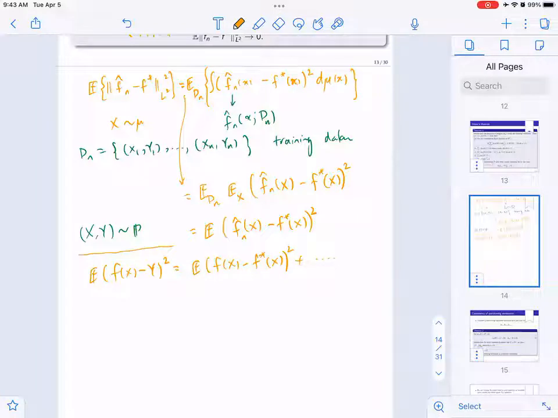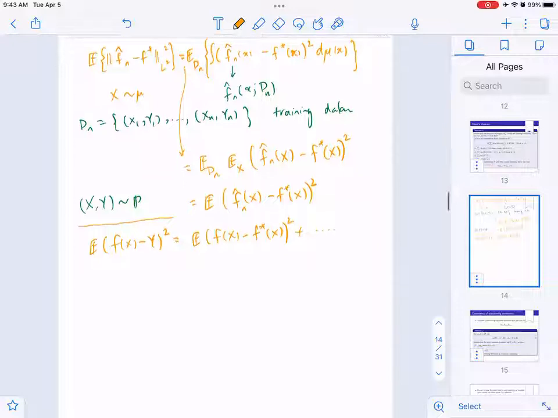So that's the unimprovable part of the loss because of the randomness. This part you can set to 0, you get there. But there's this part that's unimprovable. And f star x is just the expectation of y given x.